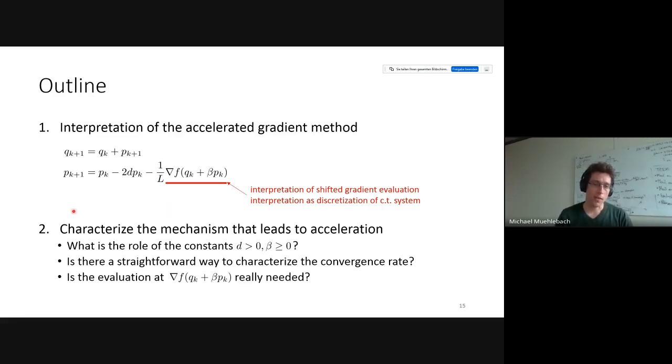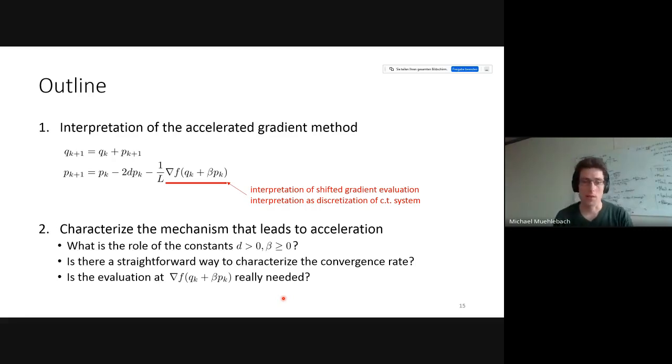And then in the second step, I would like to characterize more broadly the mechanism that leads to this fast convergence. And so I would like to analyze the role of these constants, d and beta, and also ask the question, is this evaluation of the gradient at this shifted position really needed? Because that seems to be a key feature of this method.